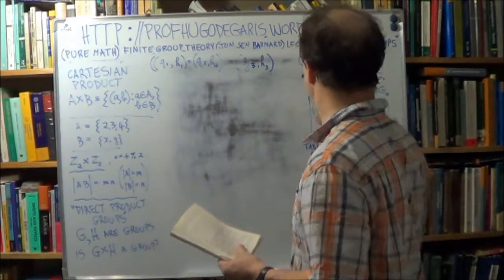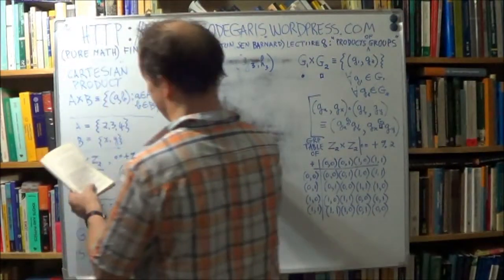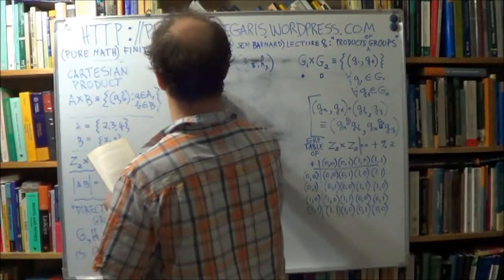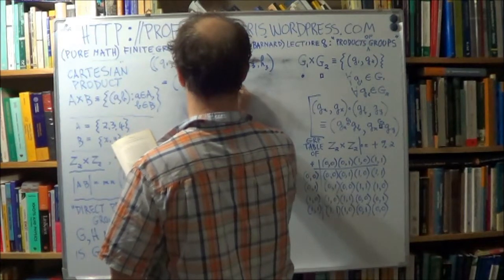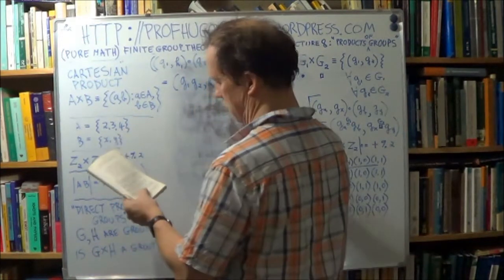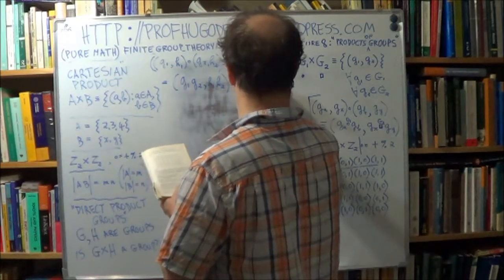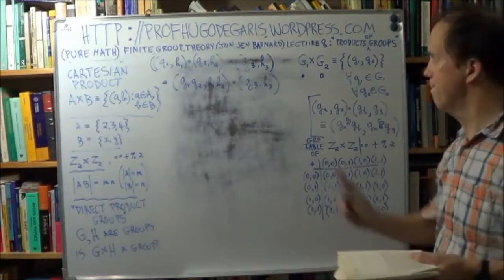So now using this definition, let's rewrite this. So this then becomes G1, G2, H1, H2, G3, H3. Okay.